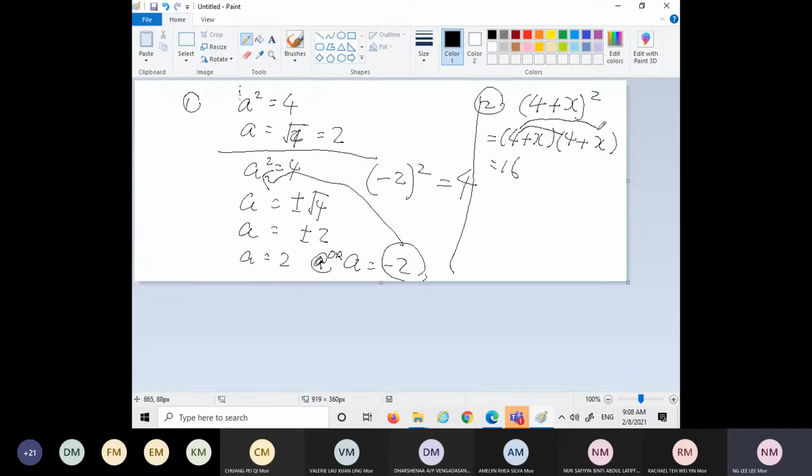First term with the second term, plus 4x. Second term with the first term, plus 4x. And then second term with the second term, x squared. So you rearrange in general form: x squared, 4x plus 4x is 8x, and then 16. This is the normal way.